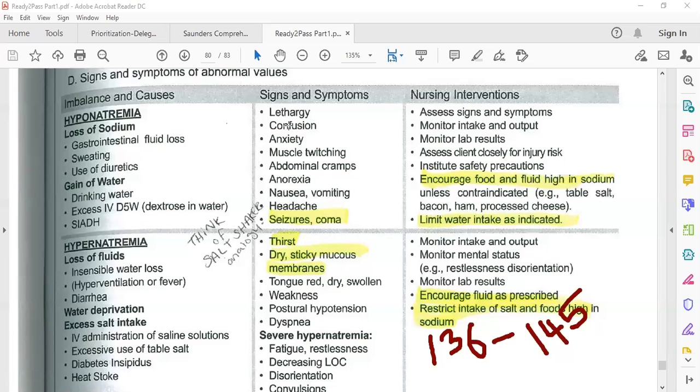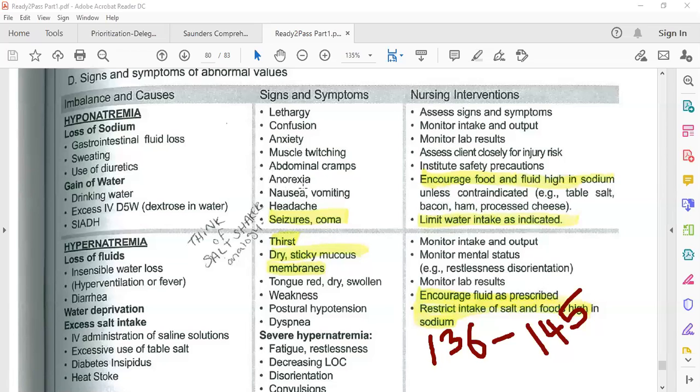Confusion is more common in the elderly. Muscle cramping, fatigue, nausea and vomiting, headache are all signs of hyponatremia. Let me recap it.